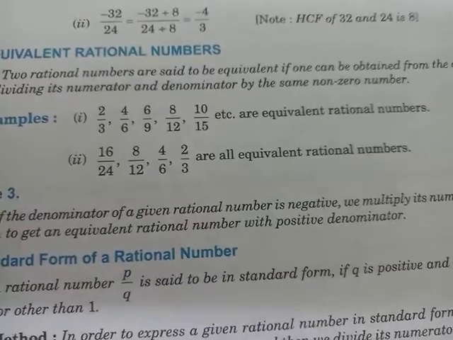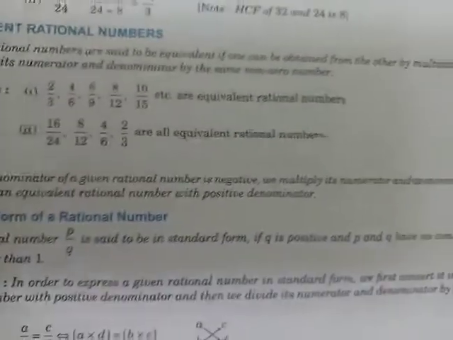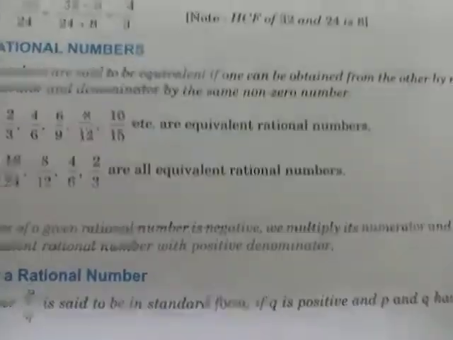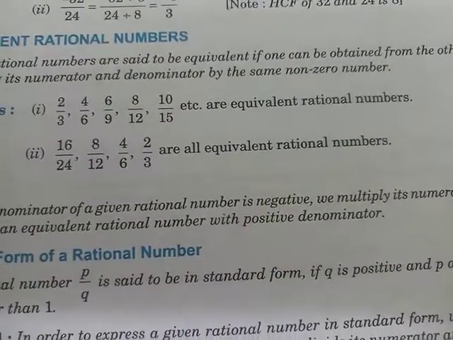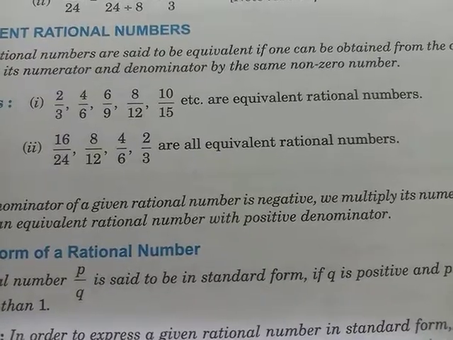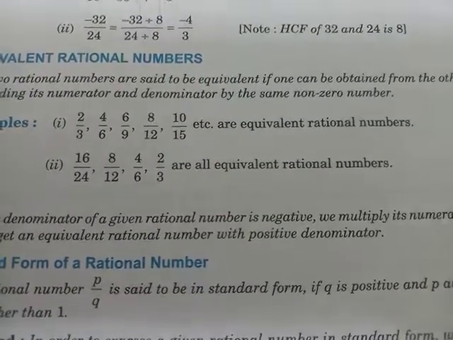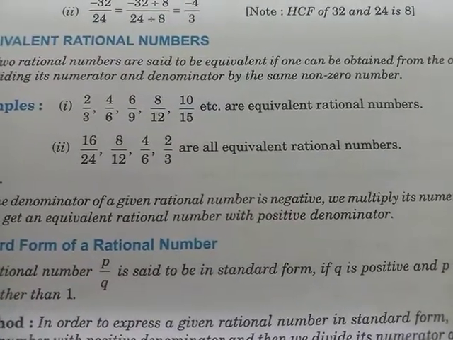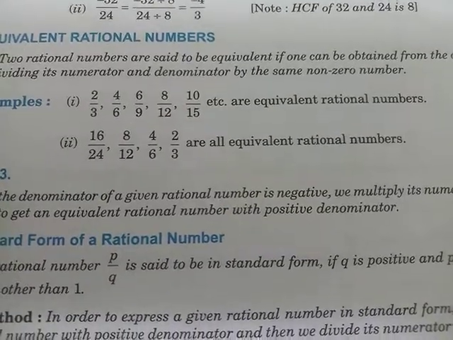We can find the equivalent fraction of any given fraction by multiplying its numerator and denominator by the same number, or we can divide its numerator and denominator by the same divisor.